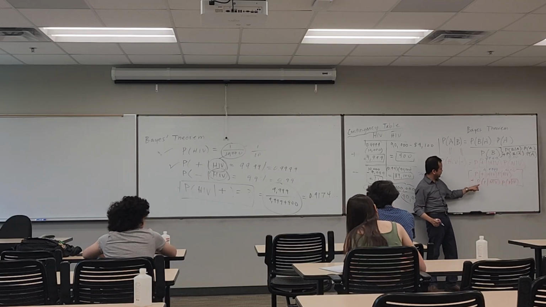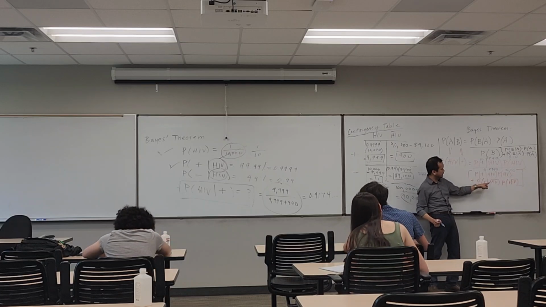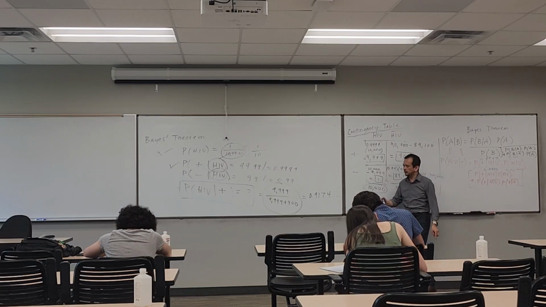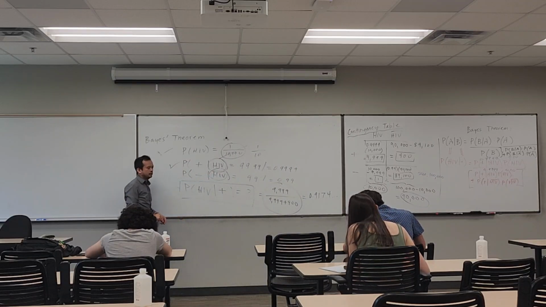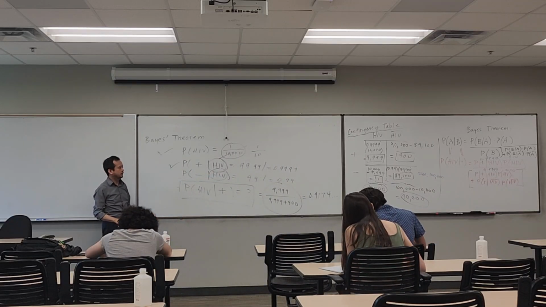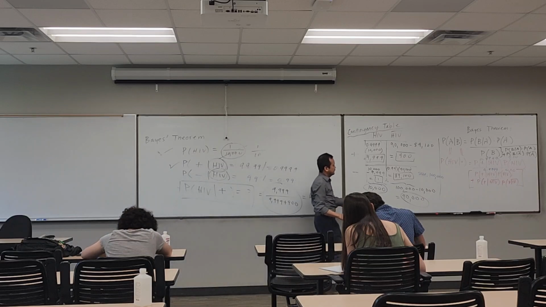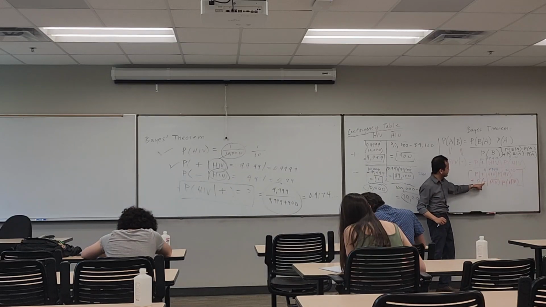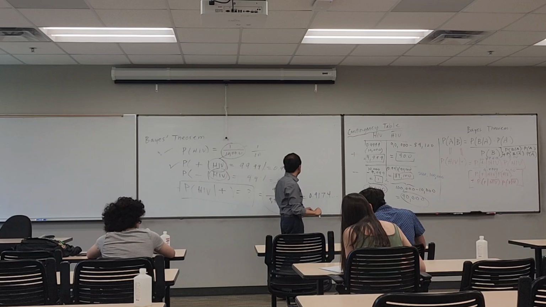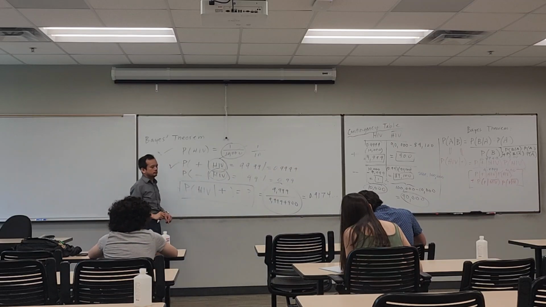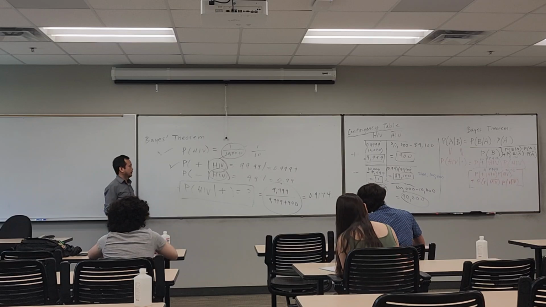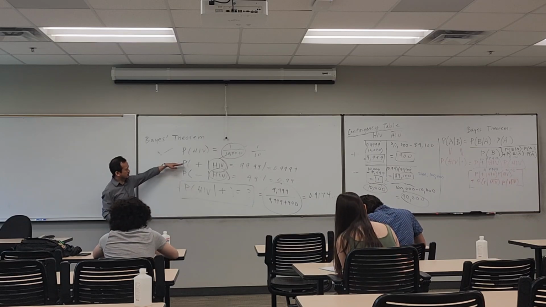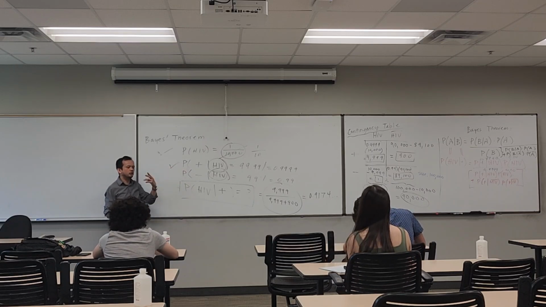And then what about the second part of this denominator here? So let's first come up with the probability of testing positive given that we don't have HIV. So if we look at our facts here, how can we determine that? So we want a positive given that we don't have HIV. In other words, everybody who doesn't have HIV, what fraction of those test positive? So you notice that of these two probabilities, there's no one that looks exactly like that.